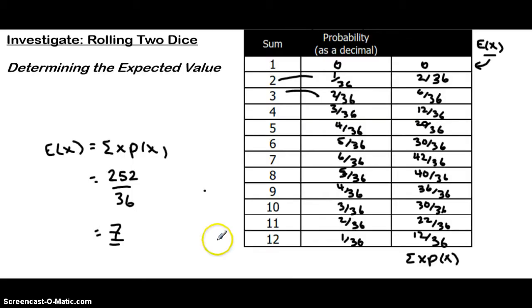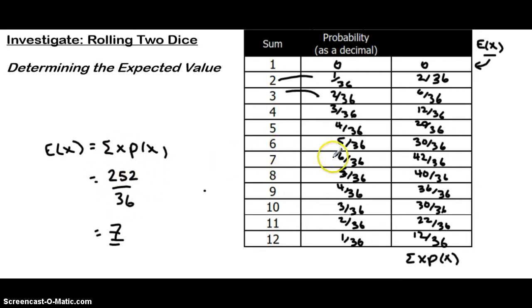So let's go back to our lesson. So again, that expected value is the long-term average of rolling 2 die. Okay, if you notice the calculation of expected value, multiplying each outcome by its probability, this is actually a weighted mean. The higher the probability, the more likely that event happens, and so it has a greater say in the determination of the expected value.